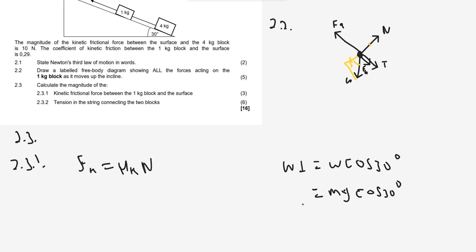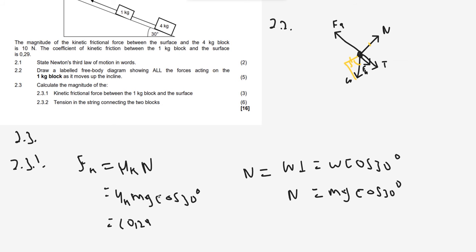And remember I said normal is equal to weight perpendicular, meaning our normal is equal to mg cos 30 degrees. You can either calculate it on the side and then come with the answer here, or you can just write the coefficient of kinetic friction times mg cos 30 degrees and substitute all the values here.